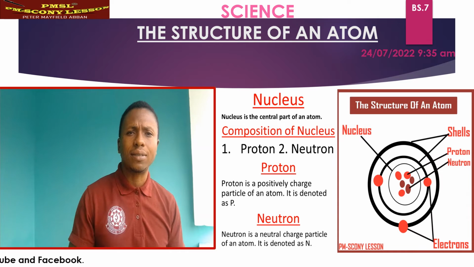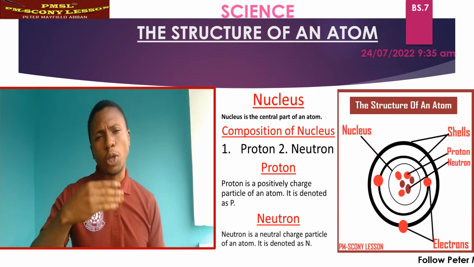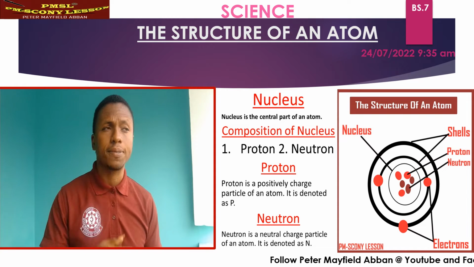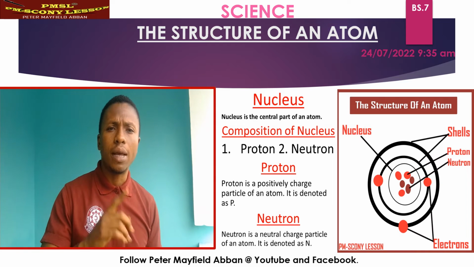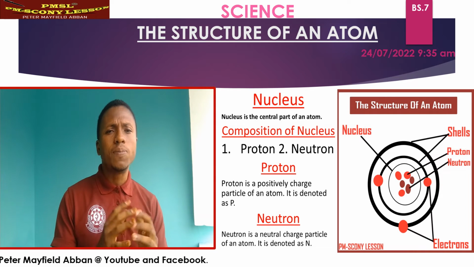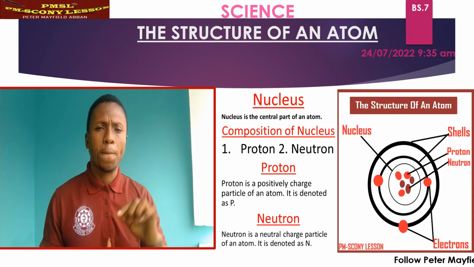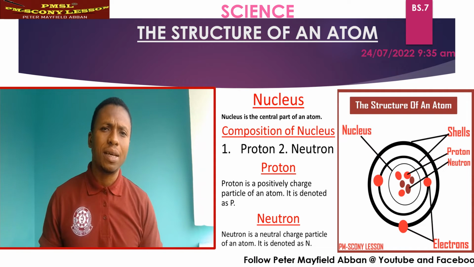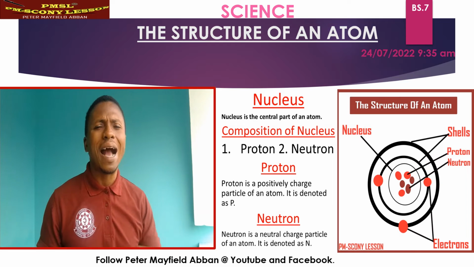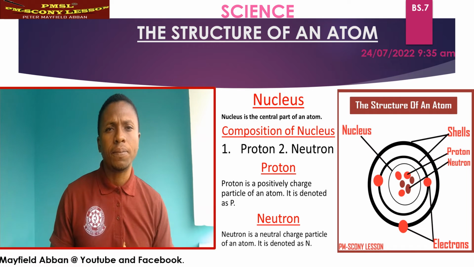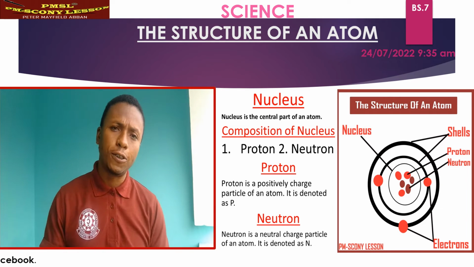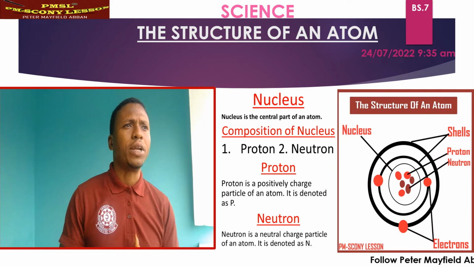So lithium has an atomic number or proton number of 3. This means lithium, with the first shell, will take 2 electrons, and the other shell will take 1 electron. That is it for the example.